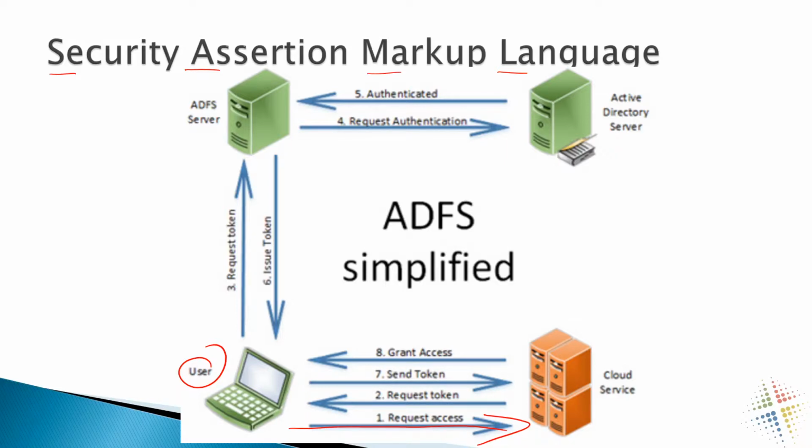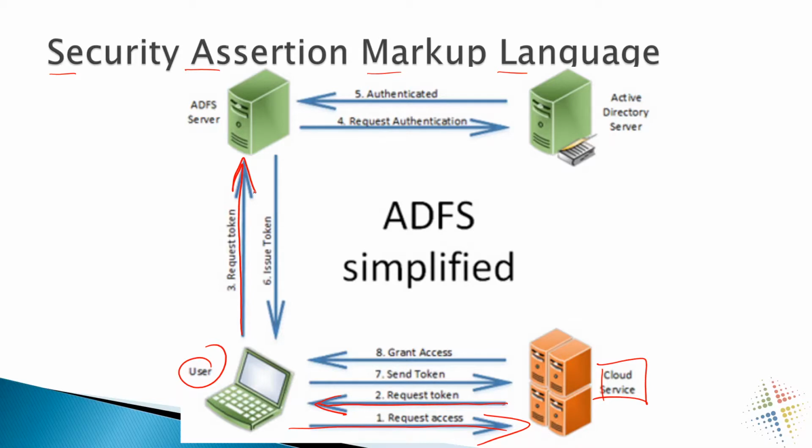The user hasn't yet logged in, and what happens is the cloud service says, hey, I know who you are, I know you're from this company, but I haven't confirmed who you are. So I'm going to send back some sort of a message that tells you, go get me a certificate, get me a token that tells me that you are who you are. My web browser will automatically redirect to my ADFS server.